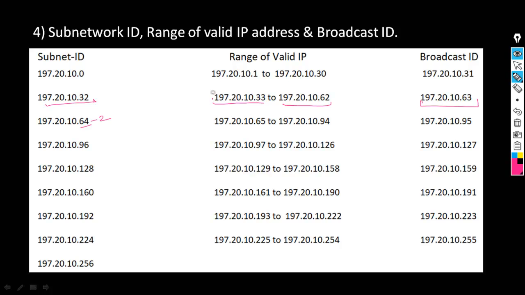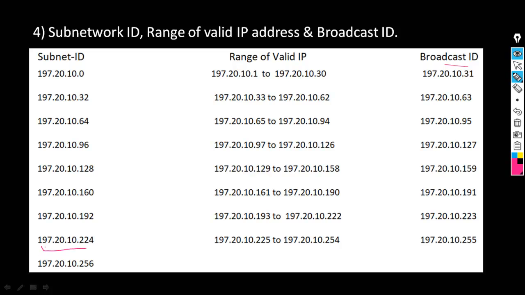So we have got a range of valid IPs from 197.20.10.33 to 197.20.10.62, and this IP will be our broadcast ID, that is 197.20.10.63. In the same manner we will calculate the range of valid IPs and broadcast ID.